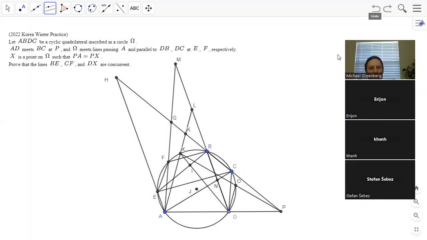It looks like there's too much. I just don't know how to finish it. I'll be right back, guys.